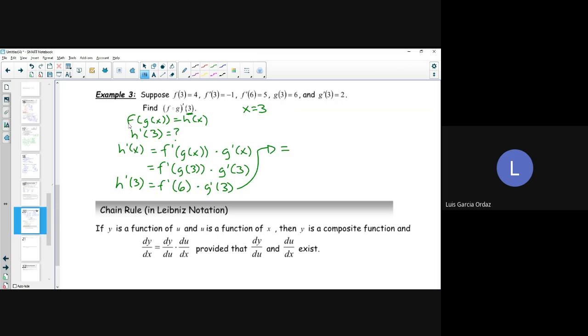Who can tell me what the derivative of f at 6 gives us? Five. And what is the derivative of g when x is equal to 3? 2. So what's 5 times 2?